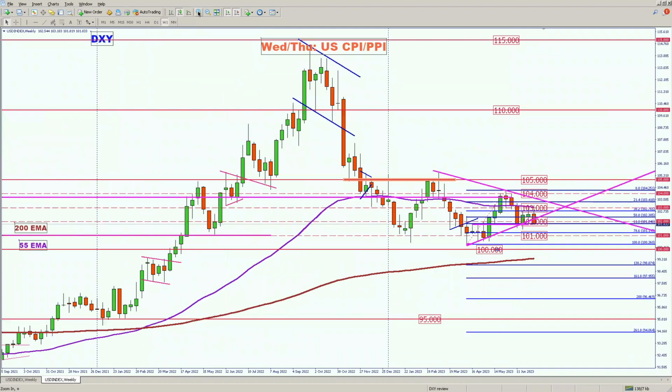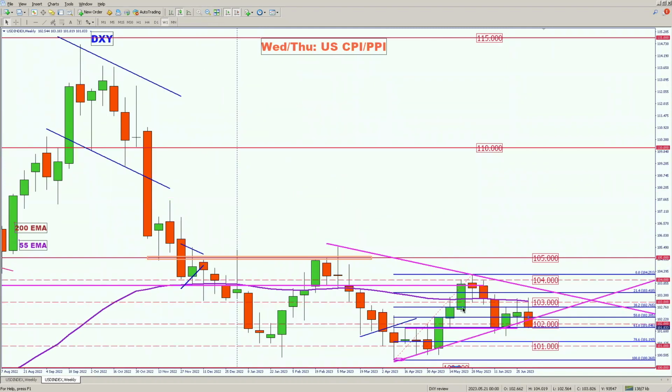Let's take a look at the weekly time frame. And yes, it was rejected at the weekly 55 EMA and a strong bearish move down.